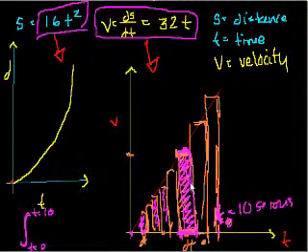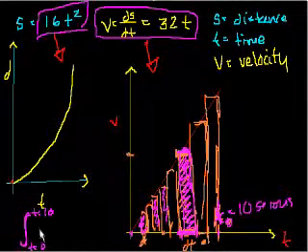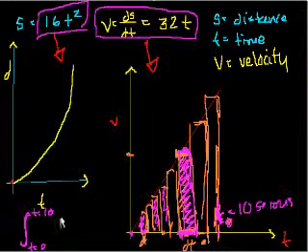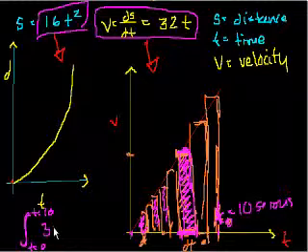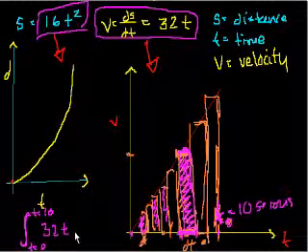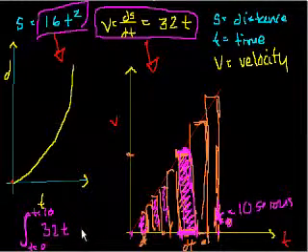From t equals 0 to t equals 10, I'm going to take the sum of each of the heights, the height at any given point, which is the velocity, and what's the formula for the velocity? It's 32t. And then I'm going to times the base of each of these rectangles, dt.